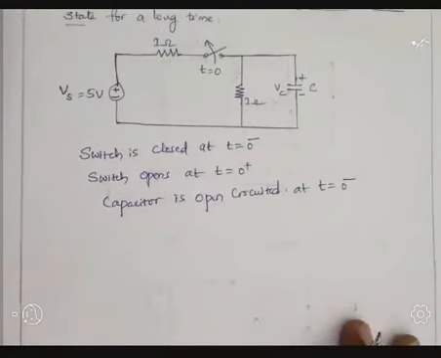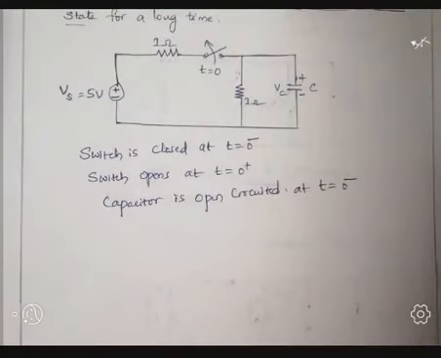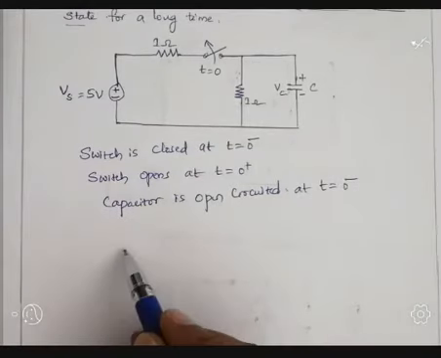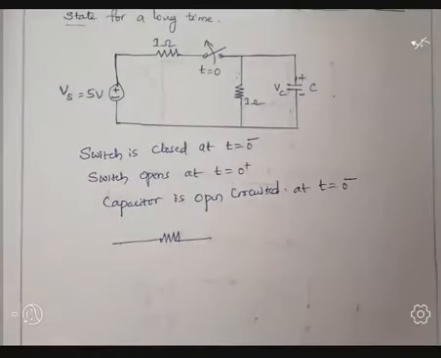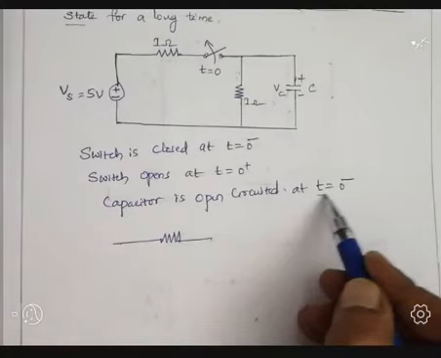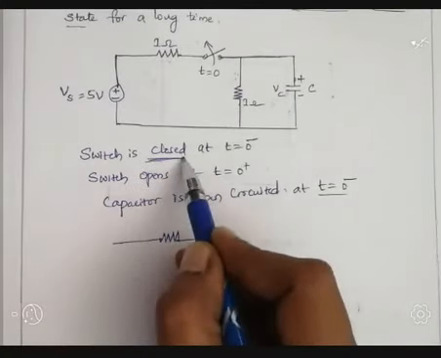If it is open circuited, let us resketch the given network. t equal to 0 minus means the switch is closed. Switch is closed means this becomes closed.